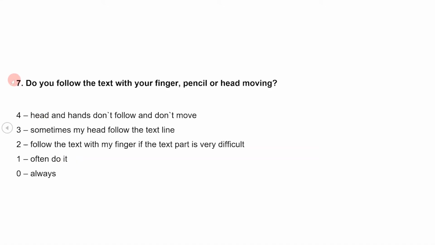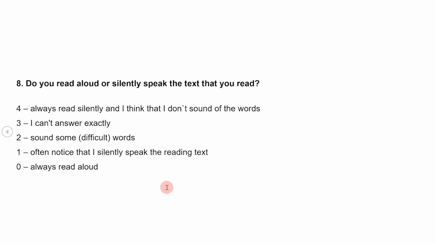The seventh question. Do you follow the text with your finger, pencil or head moving? 4 points if your head and hands don't follow and don't move. 3 points. Sometimes my head follows the text line. 2 points. Follow the text with my finger if the text part is very difficult. 1 point. Often do it. 0 points. Always. Okay.